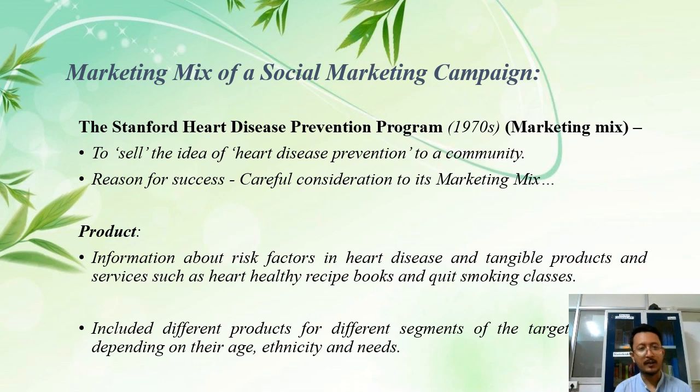Now, starting with product. So product in this particular campaign involved the information about risk factors in heart disease. So this is the intangible part of the product. Like I said, the product will include both intangible and tangible aspects in social marketing, especially.